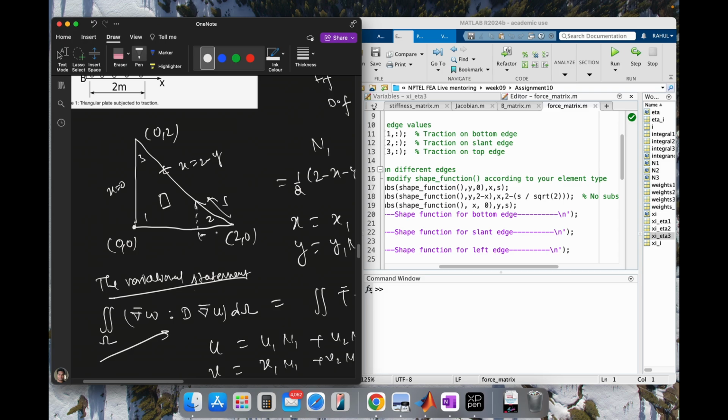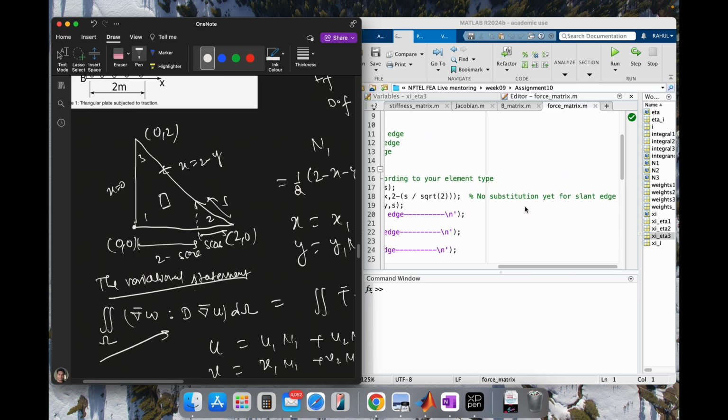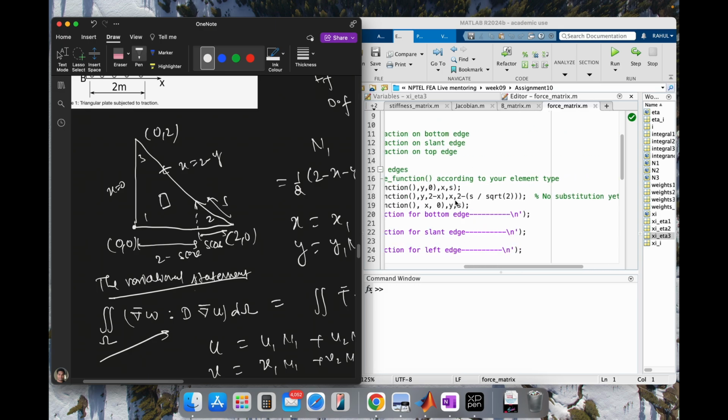This will be s cos theta, and this will be what? 2 minus s cos theta. So that's why I have written what will be the variation of x along N2. So that will be 2 minus s cos theta.